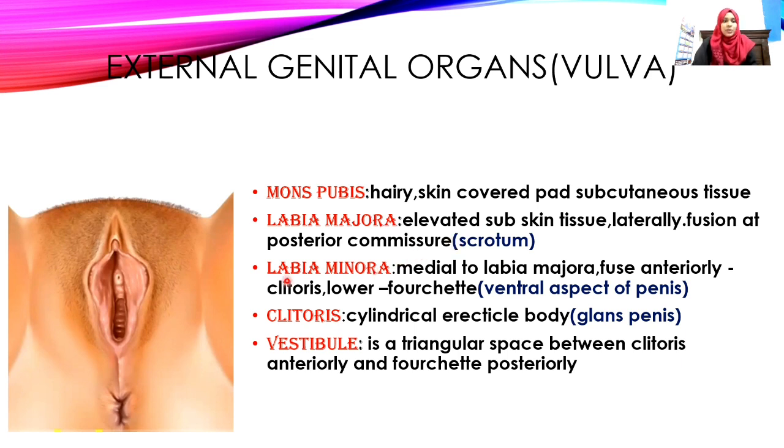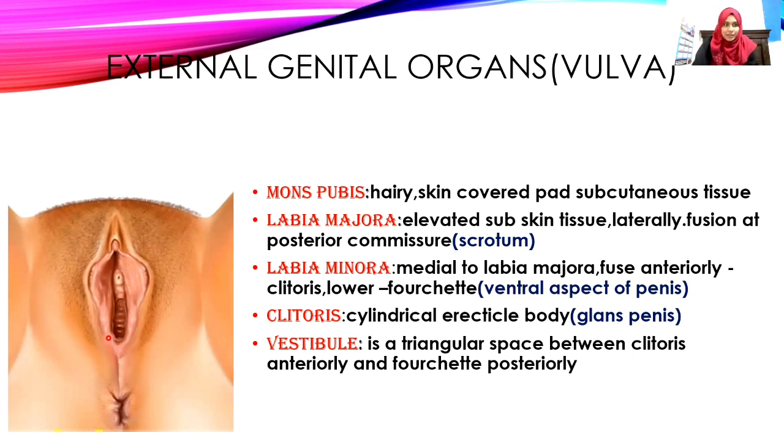Next one, labia minora. The labia minora is medial to the labia majora. It fuses anteriorly at the clitoris, and posteriorly or lowerly it fuses at a portion called the fourchette.